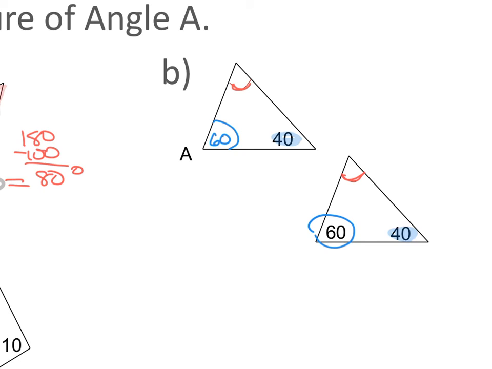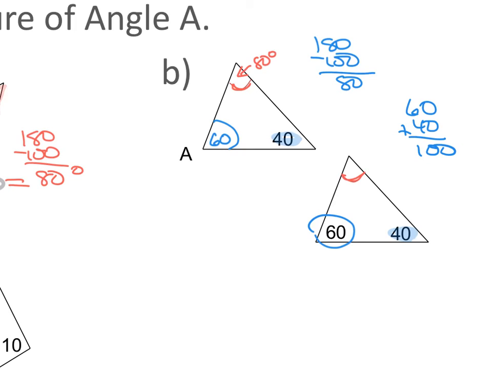Now, if it asks you to find that missing red one, then you could have added 60 plus 40, got 100, subtract that from 180, and this missing red one here would have been 80 degrees. And so would this one.